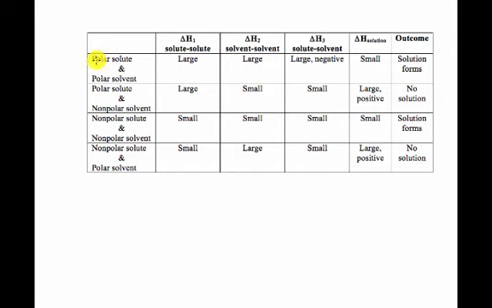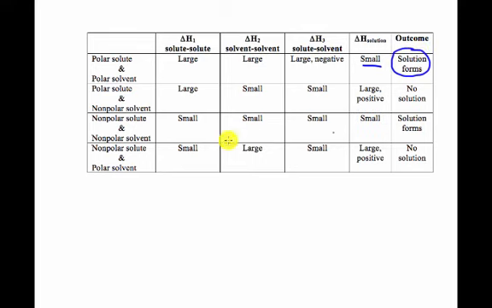So if I have a polar solute and a polar solvent, there's a large attraction force between the solute-solute, a large attraction force between the solvent-solvent, and a very large solute-solvent attraction force. And when I calculate my change in enthalpy for the solution, I get a very small value. So therefore my solution forms.